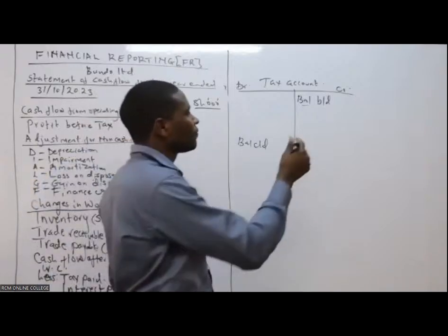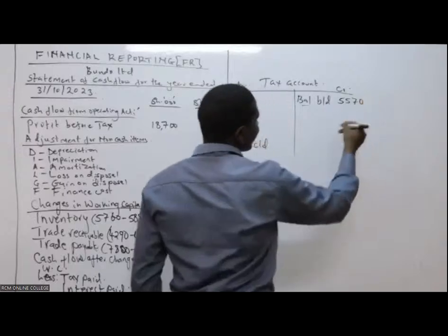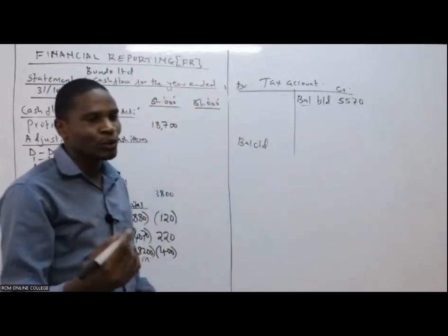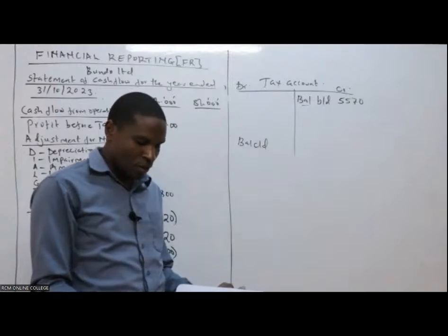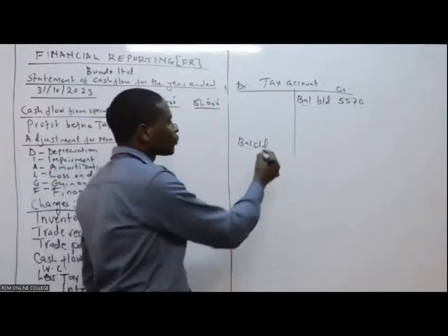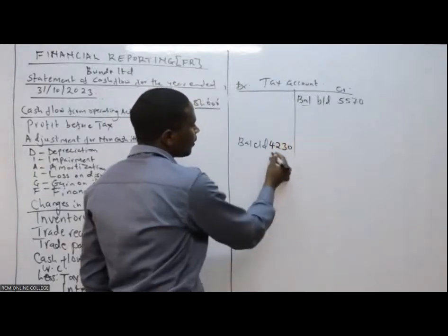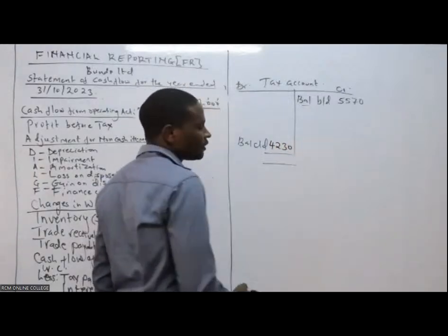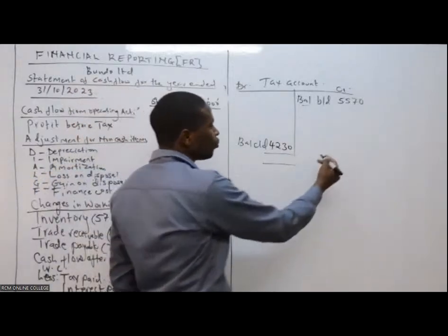Asante. And then carried down is for 2023. In fact, adjacent to the 5570, we have 4230. Sasa hizi vitu jameni, itakuwa ngumu kwenu kweli?